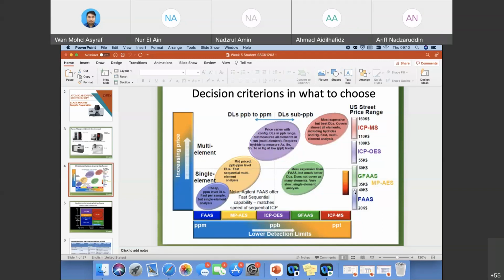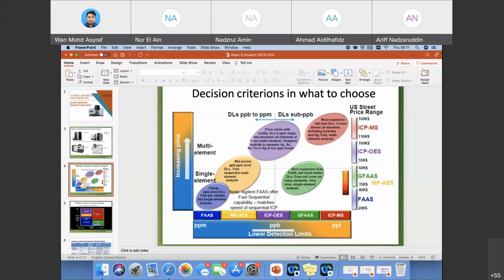For example, when you work at an oil rig later on, if you have flame AAS and ICP-MS, you have both the lower end and the higher end. But your resources matter: using ICP-MS is going to be much more expensive than using FAAS.